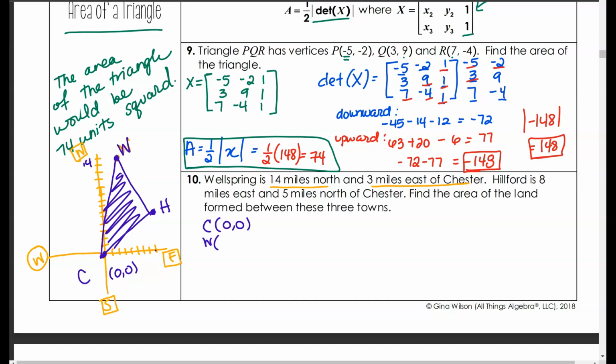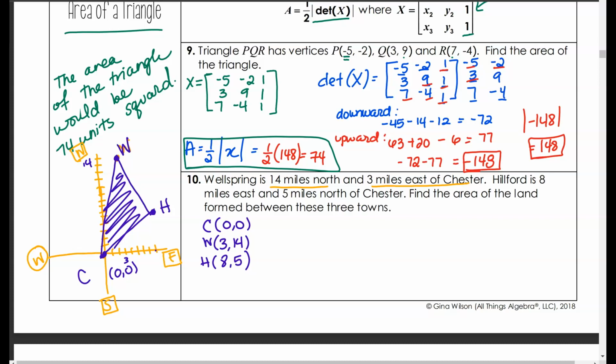So this would be 1, 2, I think it was 3. 3, 14. And then lastly, Hilford would have been 8, 5. So I always recommend drawing a picture. I think a picture makes all of this a little bit more contextualized in terms of where you're seeing things happen. All right, so here are the points.